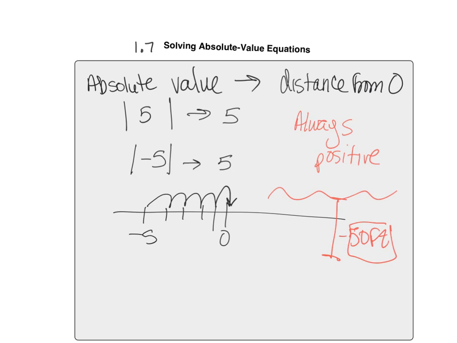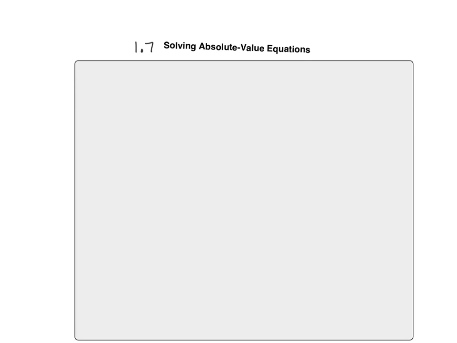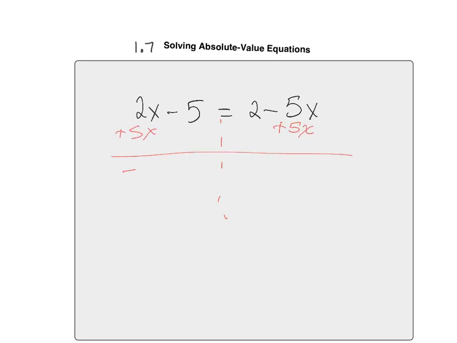As a quick little review, if we think about the concept of equations, if I gave you an equation like 2x minus 5 equals 2 minus 5x, in order to solve it, you recall from last lesson that you bring all the x's on one side, and you get 7x.